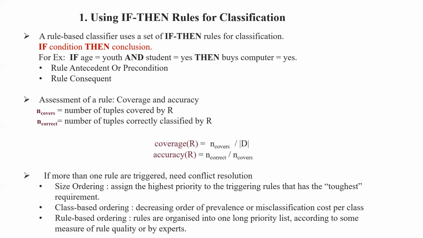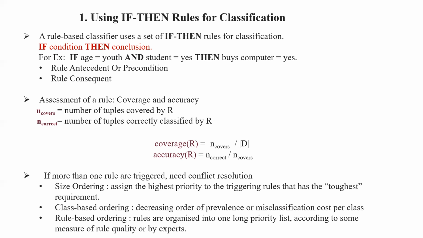Next, a rule can be assessed by its coverage and accuracy. n covers is the number of tuples covered by R. n correct is the number of tuples correctly classified by R. These are the formulas: coverage is n covers divided by modulus of D, where D is the set of tuples.